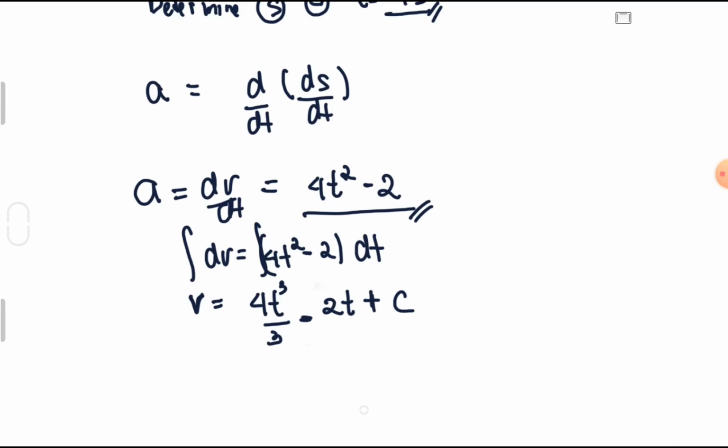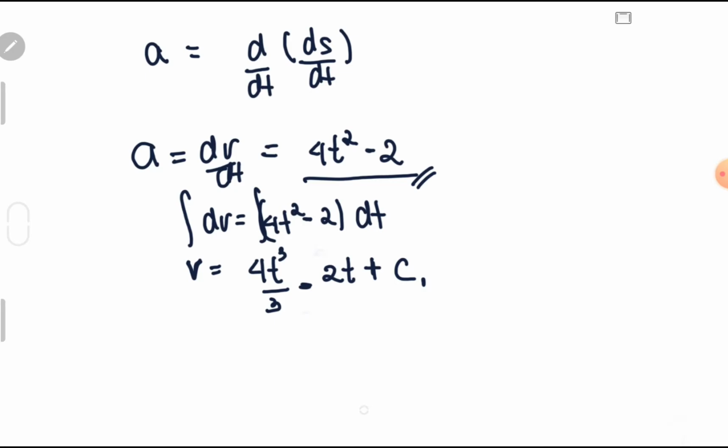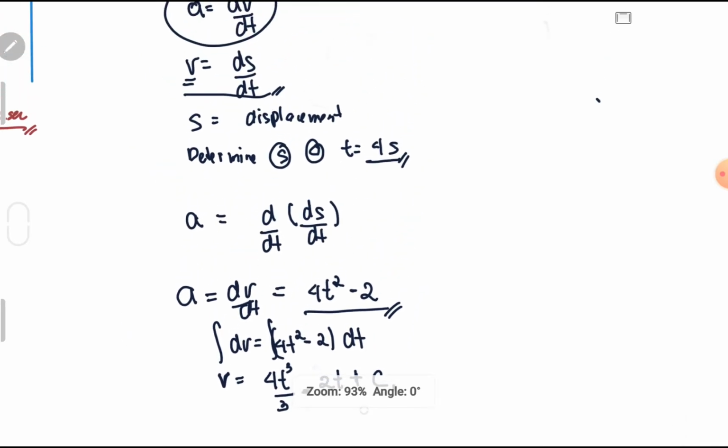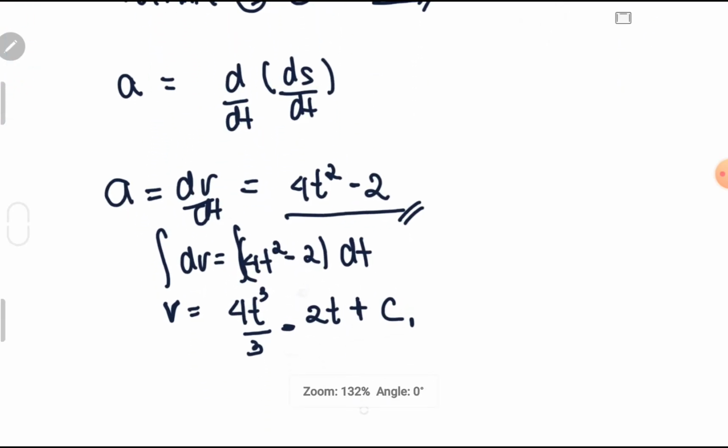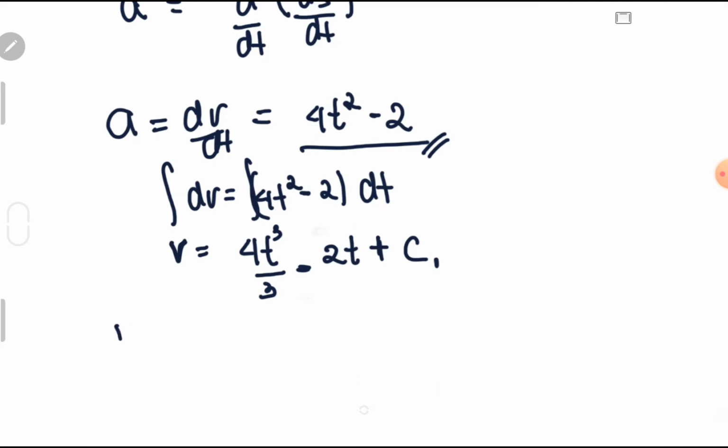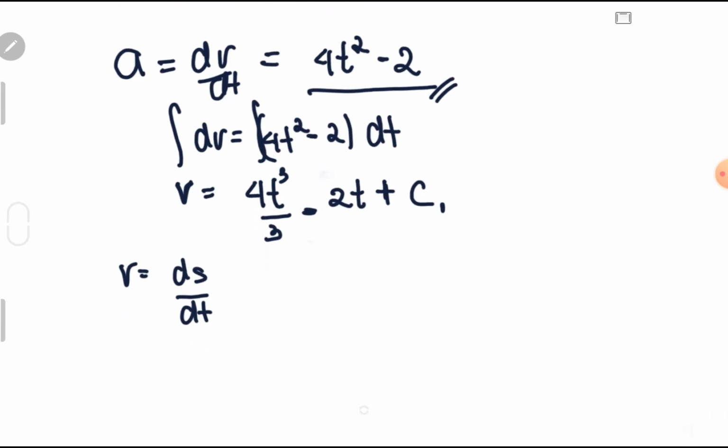To further integrate this v, it will give us the equation of the position. Since you already know your v, let's go back to the equation v = ds/dt. We all know that v is equal to 4t³/3 − 2t + c1.